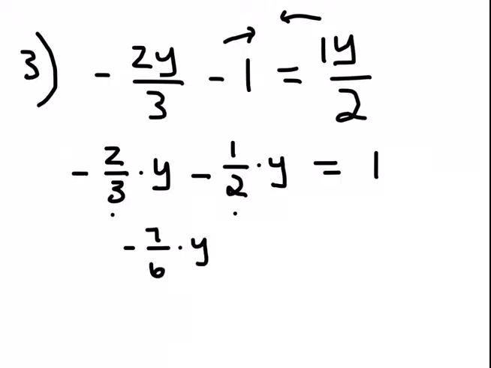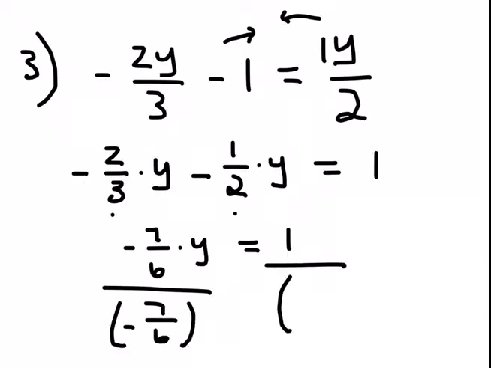Remember your y there, which will be equals to 1. Then the last step is for you to just remove that. So it is that negative 7 over 6 that you want to remove completely. Remember, whatever that you do on the left, you do on the right.